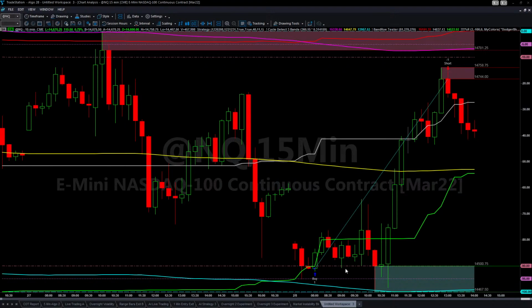If any of you guys are curious to know what this move here represented in terms of points, this was a 246 point move to the upside.